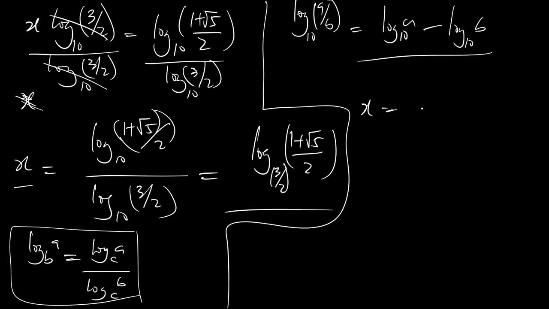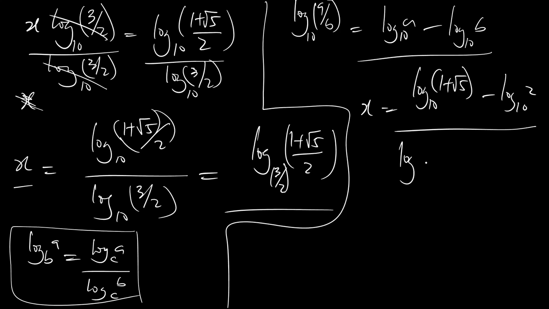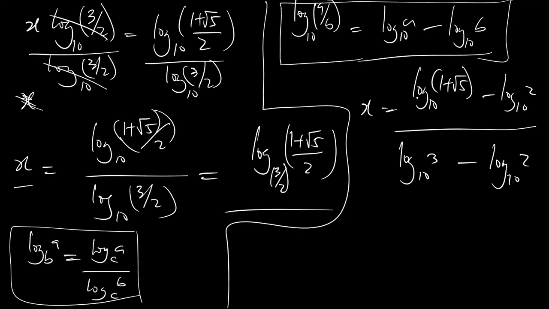Say x is equal to log 1 plus root 5 base 10 minus log 2 base 10, divided by log 3 base 10 minus log 2 base 10. Now applying this rule both for the numerator and the denominator, we can get it like this, or like this. Any of them is the answer.